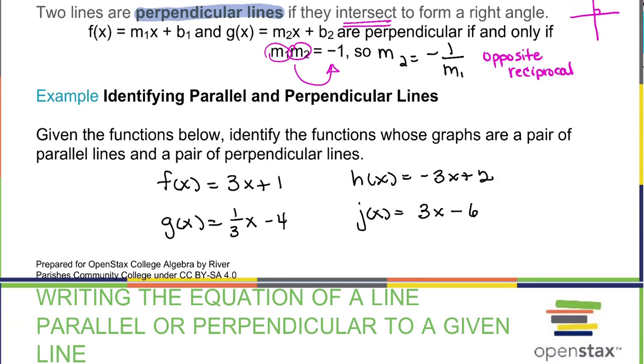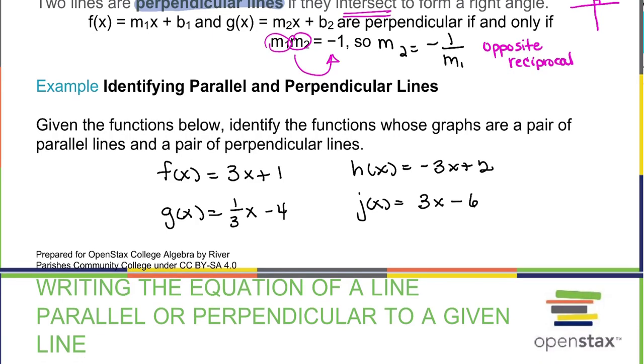So let's identify lines that are parallel or perpendicular. Given the functions below, identify the functions whose graphs are a pair of parallel lines and a pair of perpendicular lines. So next to each one, I'm going to write the slope.